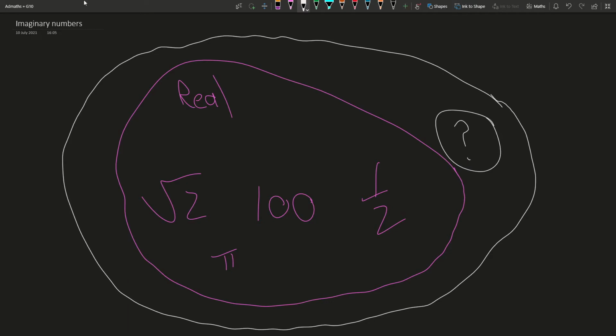Now, this is a weird concept to wrap your head around, that there are numbers which aren't real, which we're still going to talk about and which we're still going to do maths with. It's a really weird thing to do, but that's what we're going to talk about. And these numbers are your imaginary numbers.